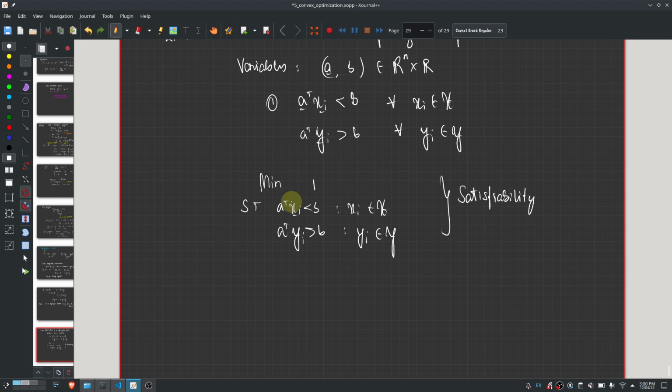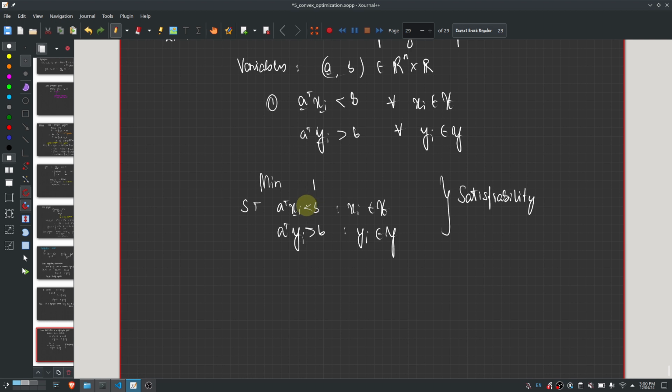Carefully think about what the standard form was. Minimize some f0 of x subject to fi of x less than or equal to 0. It's an inequality constraint, right?